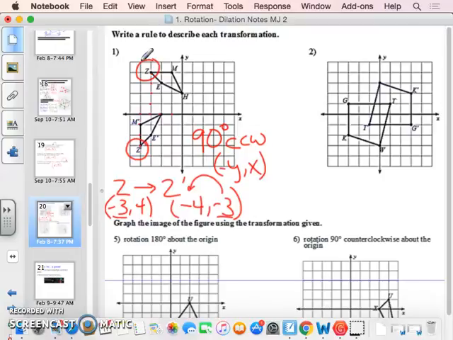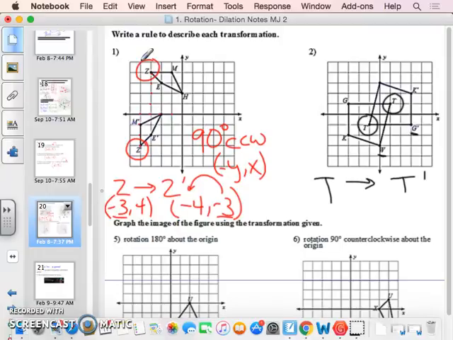All right. For number 2, I'm noticing that this is going to be a rotation. It is not a reflection. And the reason I know it's not a reflection is because this coordinate and this coordinate are not the same. If this was a reflection, these would both be w's. And what I can see is that we've got point T and T prime. So we're going to go from T to T prime.